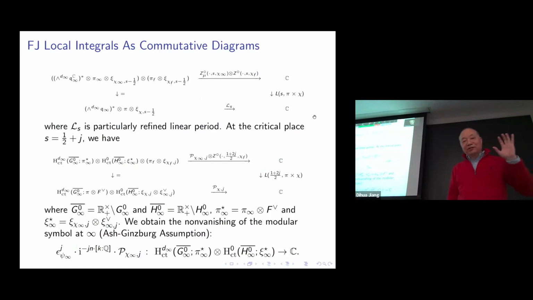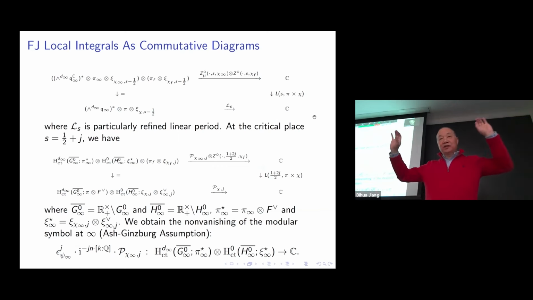And now you have to interpret the Friedberg-Jacquet integral in terms of cohomological structure. Okay, so in terms of cohomological structure, this local integral can be interpreted as this commuting diagram, right? So the integral has an interpretation like from the linear period unfolding to the Whittaker period, right?